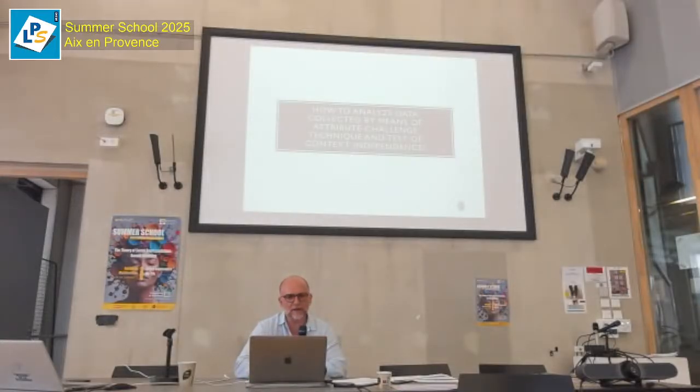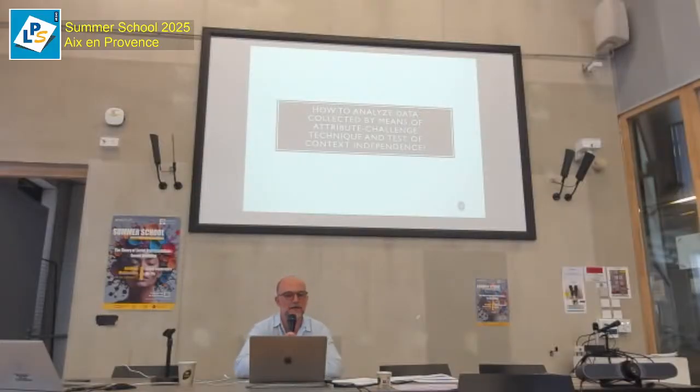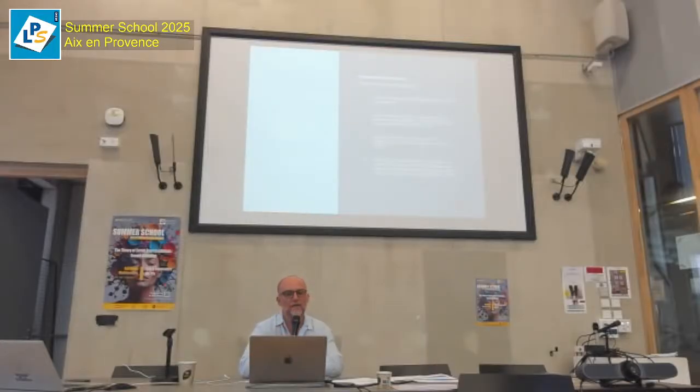Okay, how do we analyze data collected by means of the attribute challenge technique and the test of context independence? We have four options. From the beginning, the threshold of 75% was adopted by Flament. Equifrequency with the chi-square test: an element is central if its percentage of refutation significantly differs from 50%.